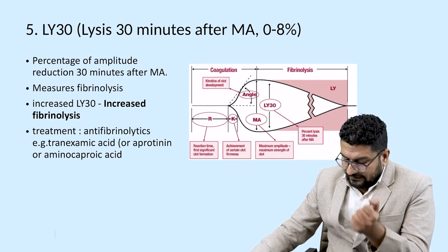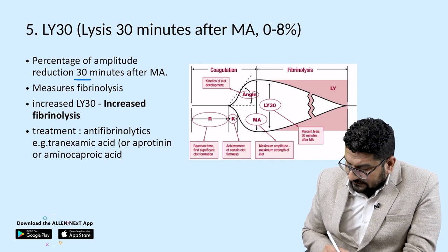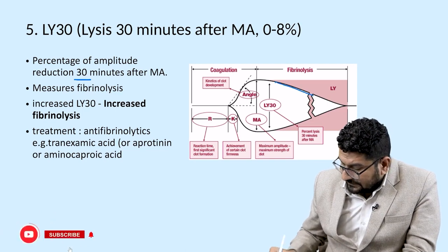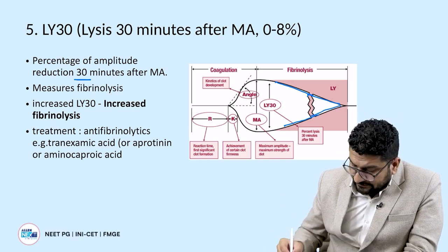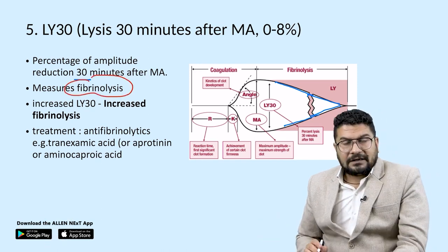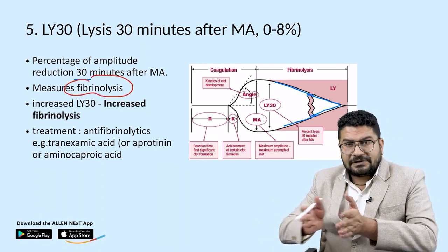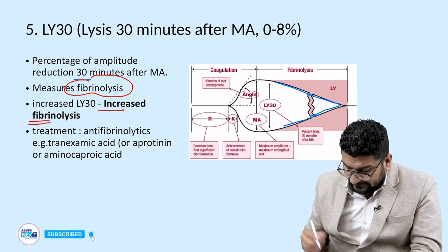Now coming to LY30. LY30 means after 30 minutes you will notice there is lysis. This tail, this tailing that is happening, is called LY30. This is basically telling you information on fibrinolysis. If LY30 is prolonged, the tail is going long, it means there is increased fibrinolysis.